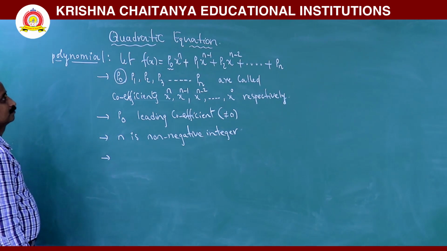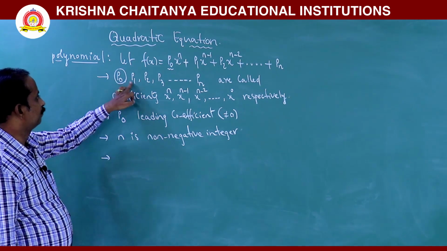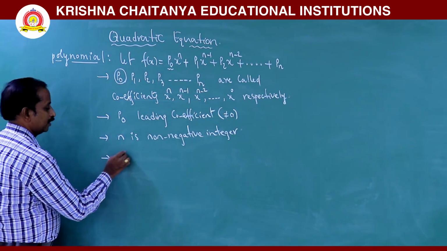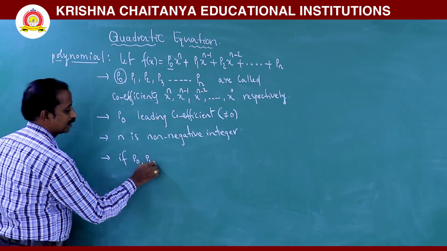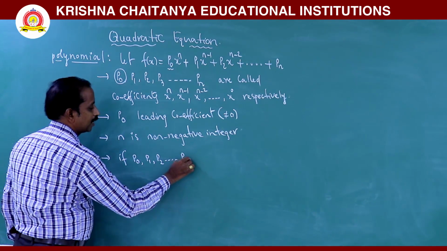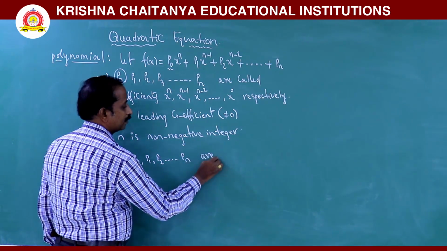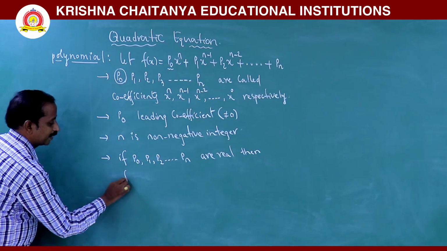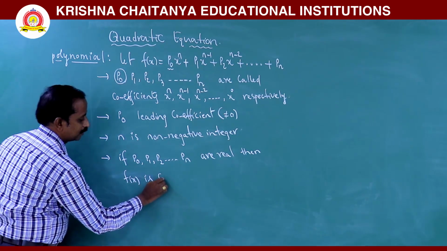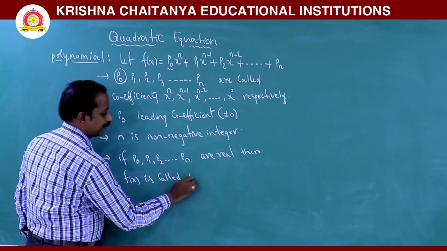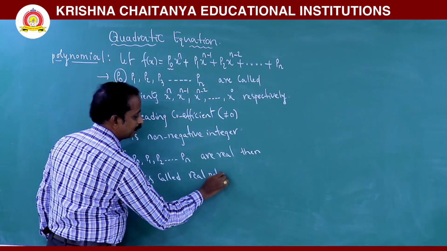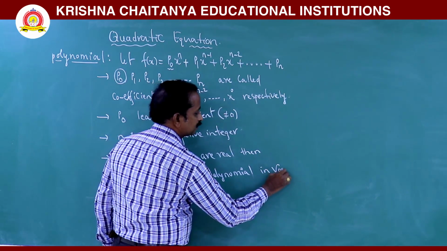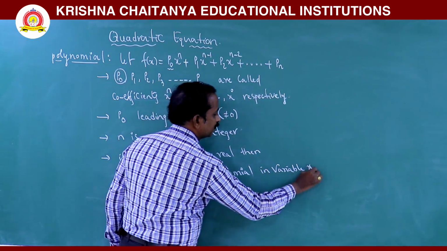And go to another one. If p naught, p1, p2, p3 and so on pn are real, then in this case f of x is called a real polynomial in variable x.